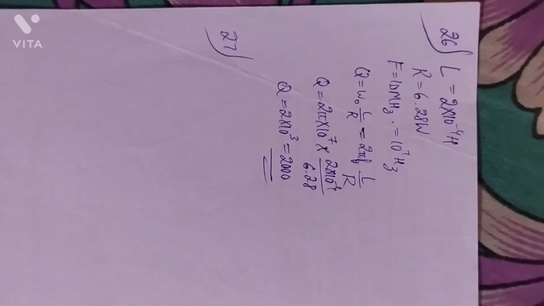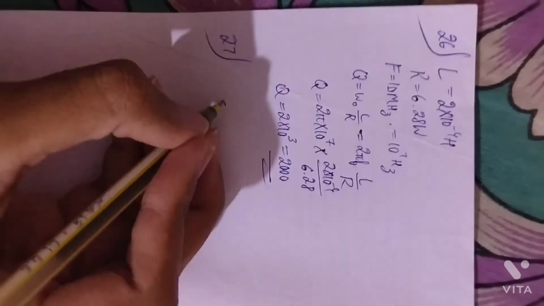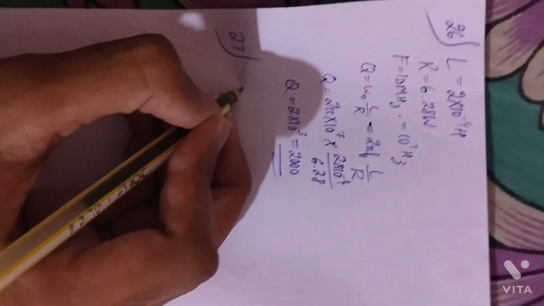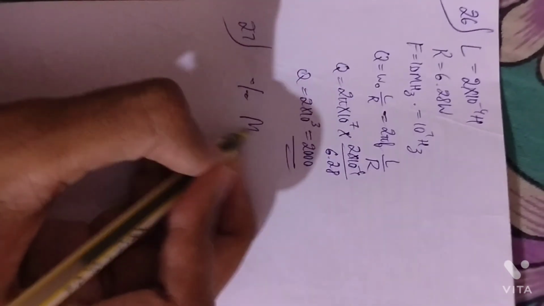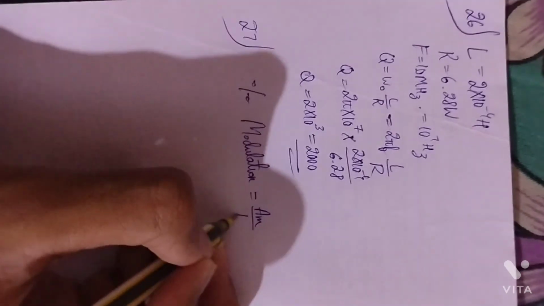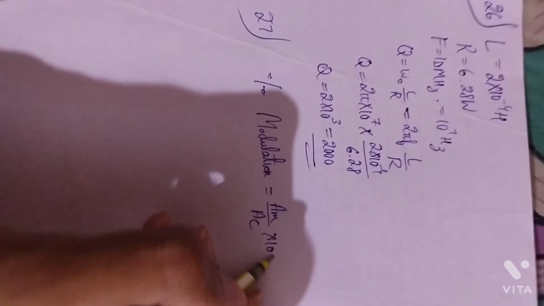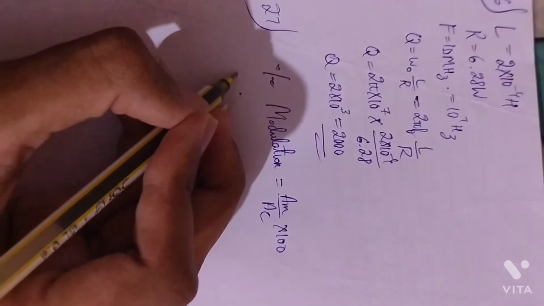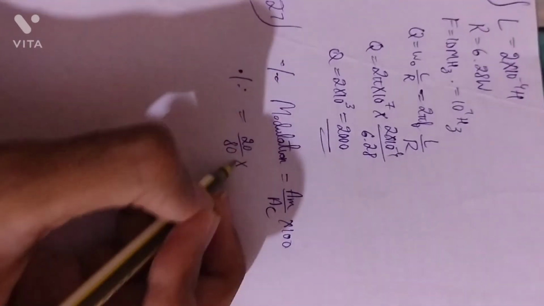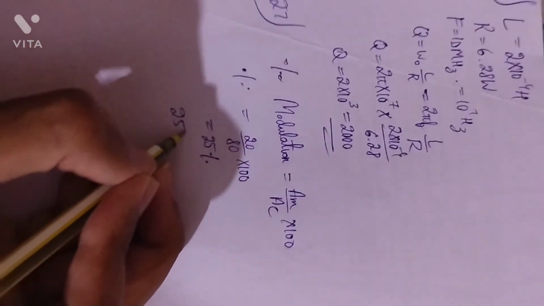So if we come to percent modulation, we can take Am by Ac, or Vm by Vc, however you take, into 100 percent. So percent modulation is equal to 20 by 80 into 100 percent, so it will be 25 percent.